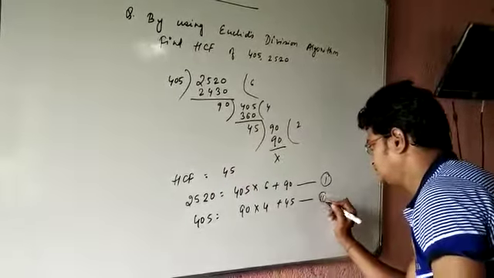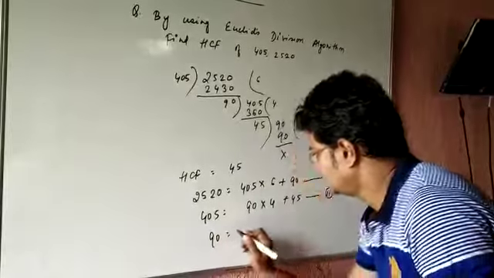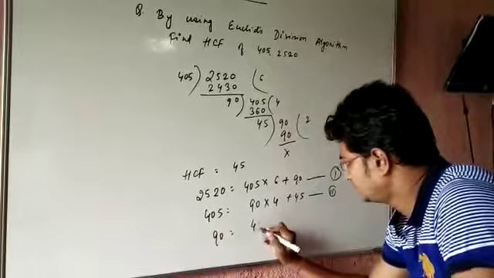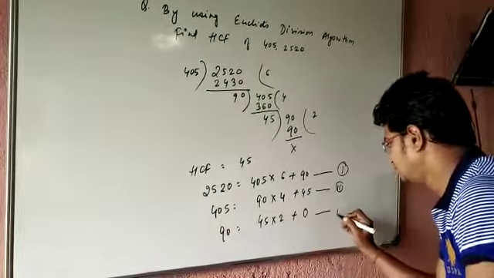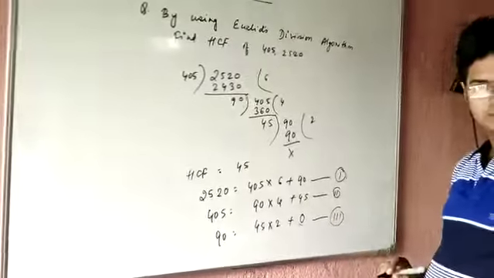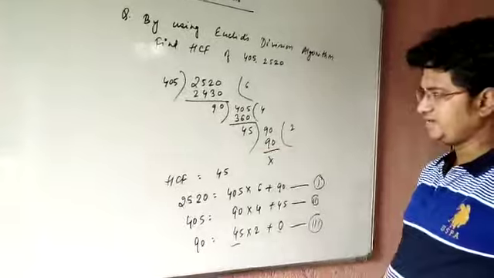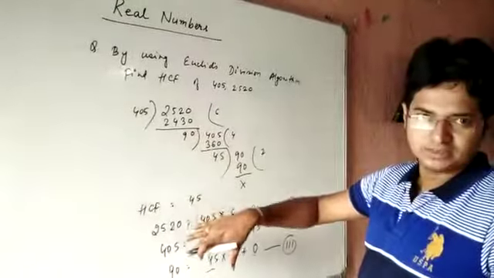And step 3: 90 equals 45 into 2 plus remainder 0. We need to proceed till we get the remainder as 0. So from here your HCF is 45, and these are the steps to express it in the form of division algorithm.